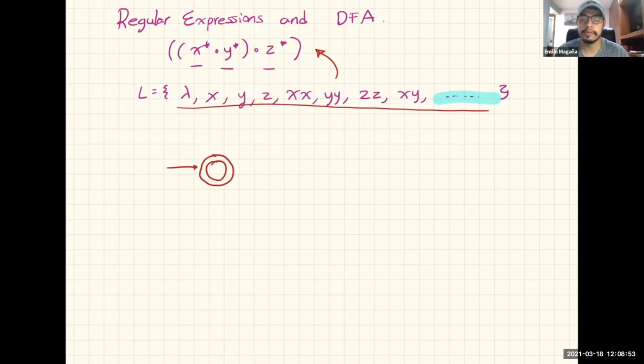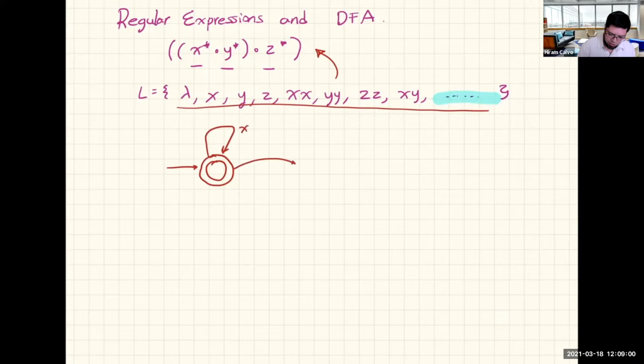Okay. And afterwards, we can say, okay, 0 or more occurrences of X, and then we change to Y. And after this, it's still an accept state, because we can have 0 or more occurrences of Y. And finally, with Z, we have 0 or more occurrences of Z. And still there is something that we must take into account. What would happen if we had no occurrences of Y?